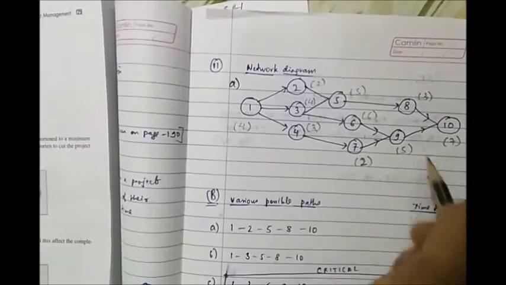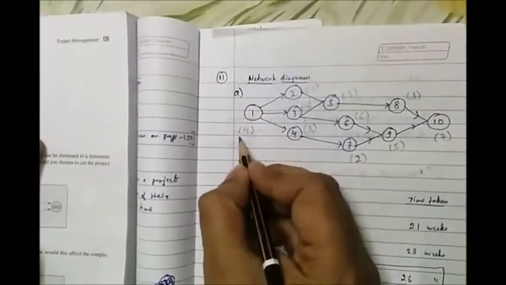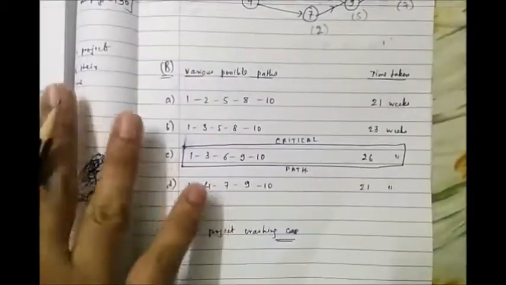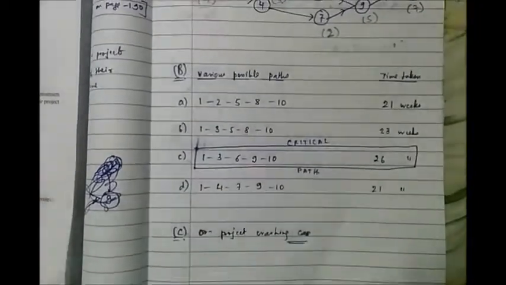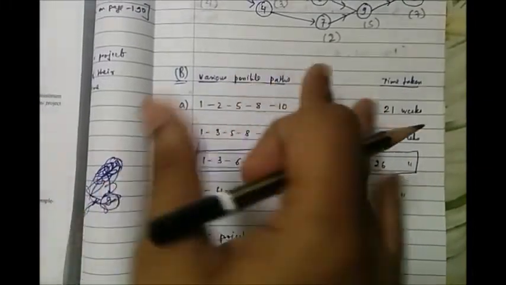And in a similar manner, we'll write 5, 6, 7, 8, 9 and 10. Below this, we'll write the time taken by each task to complete. This is 4, 2, 4, 3, 5, 6, 2, and so on and so forth. These are in weeks. Now I'll be listing the various possible paths and the total time taken in each and every path.